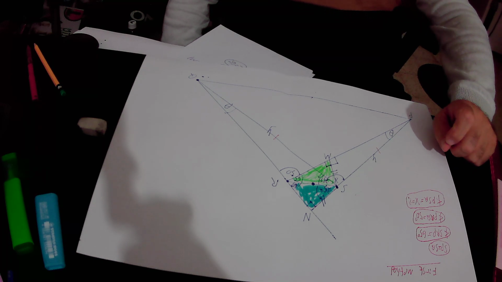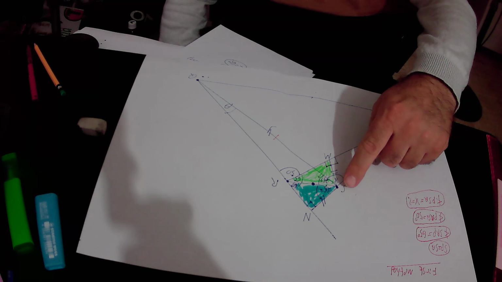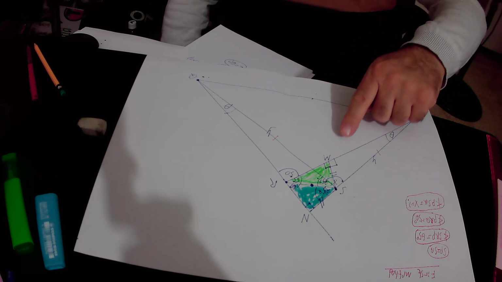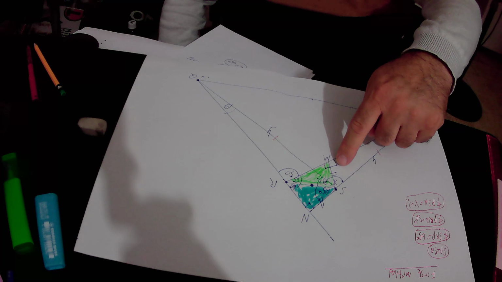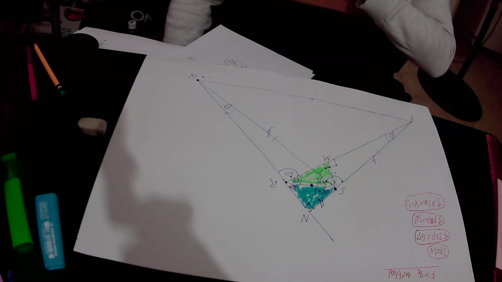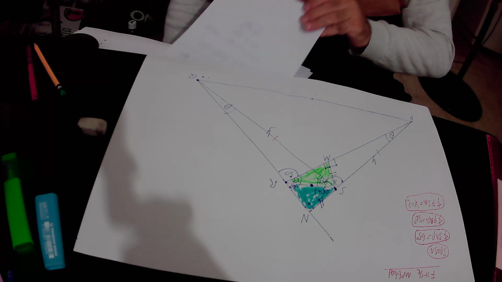And then we draw another perpendicular from point S to PR. So this angle is 90 degrees and this angle is also equal to 90 degrees. And then I presented to you rule number one.